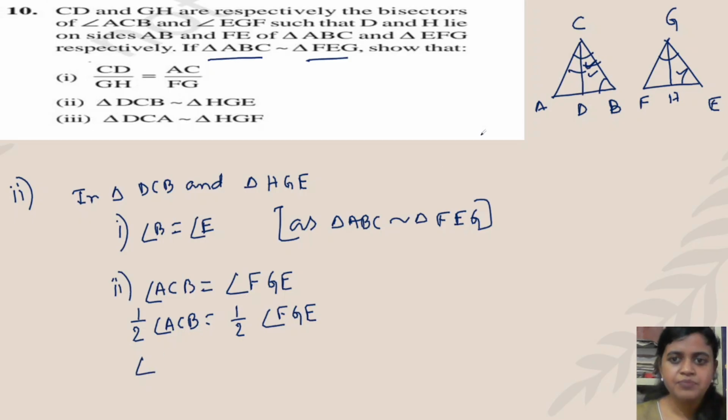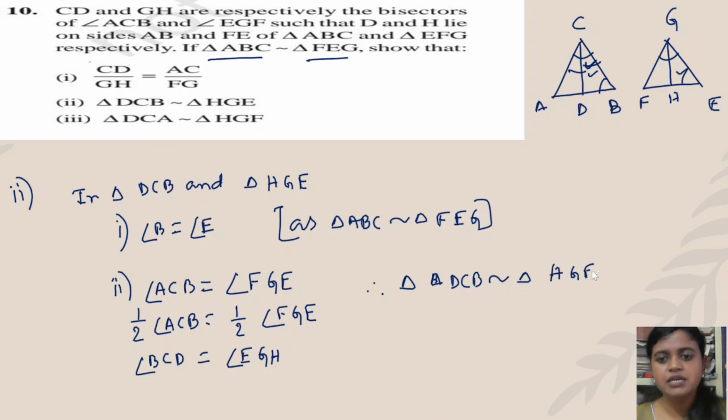So angle BCD equals angle EGH, clear? So we got two angles, therefore we can write triangle DCB is similar to triangle HGE by the AA rule. Clear? So this is proved.